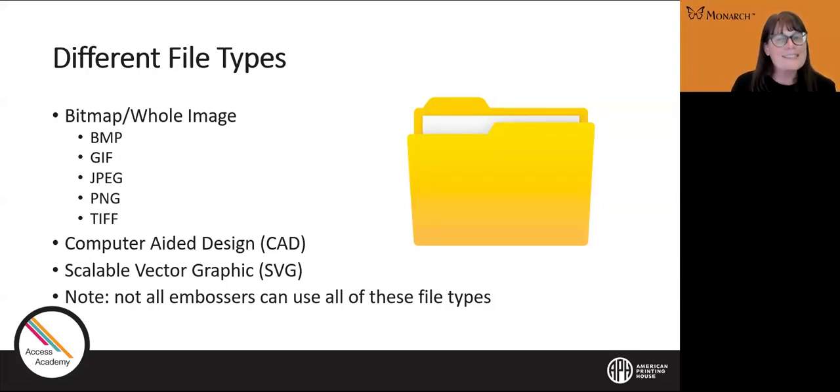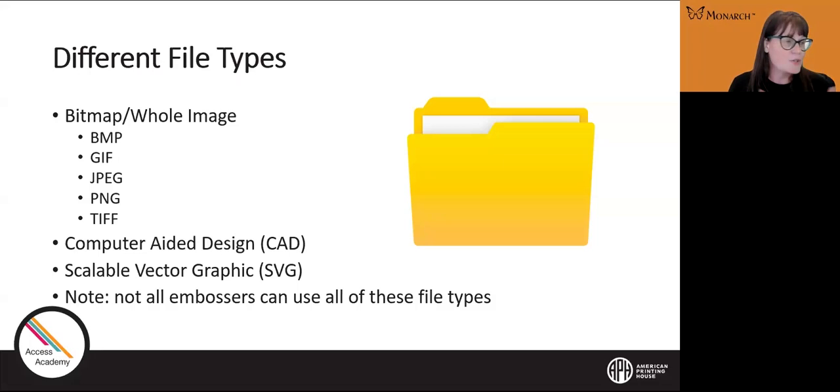And then you have scalable vector graphics or scalable vector drawings. Those are the types of graphics we're going to focus on the most today, because those are exactly what they say. They're scalable, which means you can change the size of different pieces within the graphic. They're vector images, meaning you can change the colors, the line thickness, those types of things within those graphics as well.